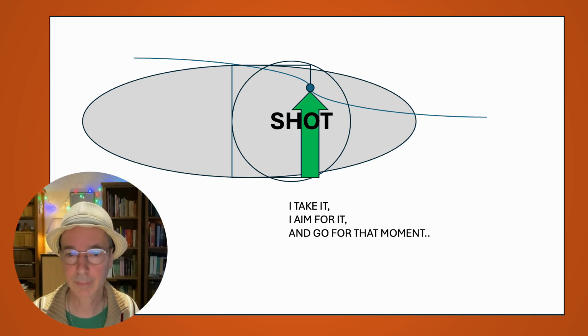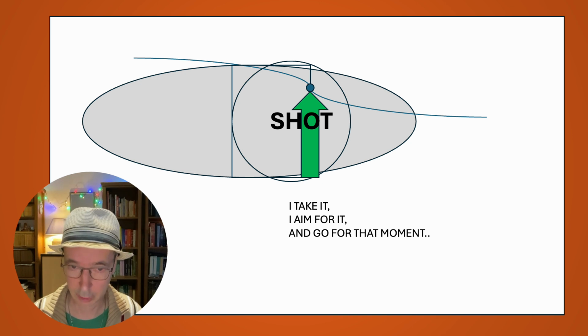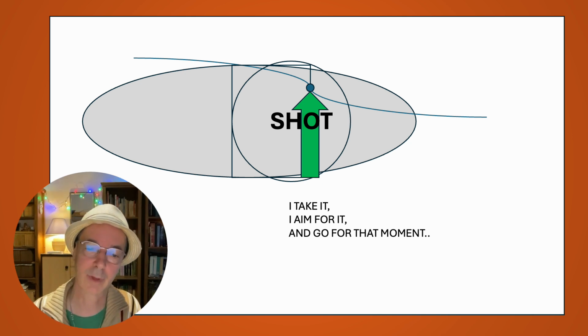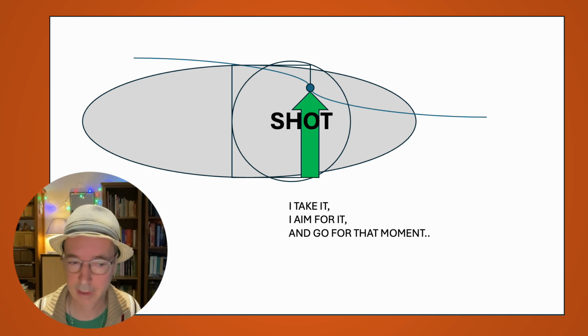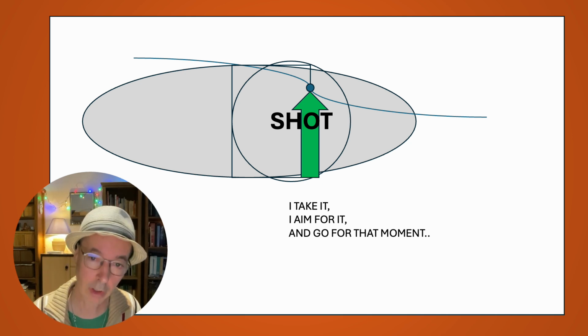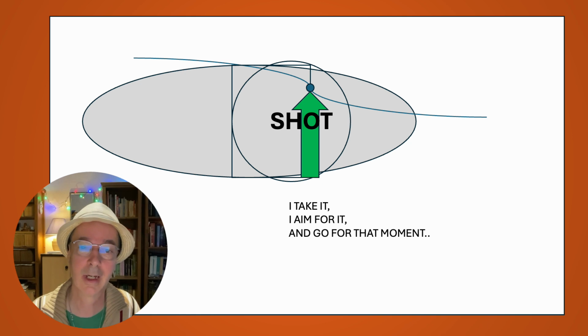And this focus is also about a moment that I take out in an environment. The shot says also, yes, I take it, I aim for it, and I go for that moment. You can understand that from the letter positions and how they are described, also how they are described in my book, how they are described in my videos. That's how you can understand the shot.